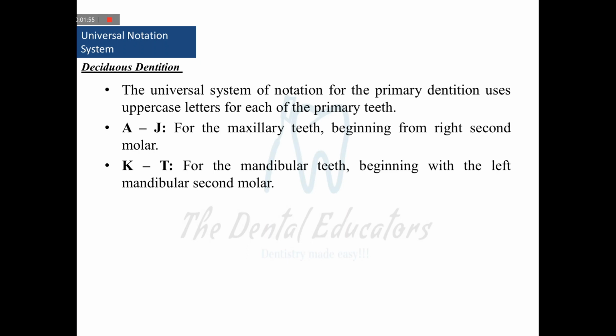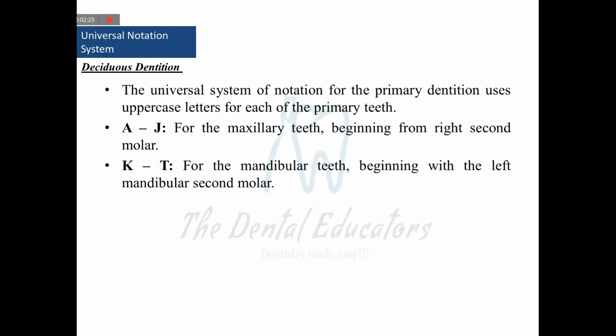So for the maxillary arch, as we have 10 teeth, we start to count from the right second molar and continue to the second molar of the left hand side. That makes up the first 10 alphabets, from A to J. Then we continue from the left hand side to the right hand side, from the left second molar to the second molar on the right hand side.